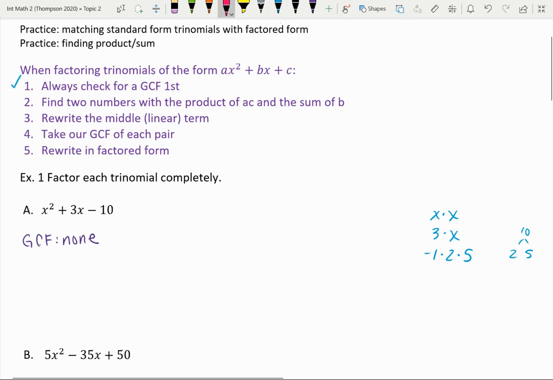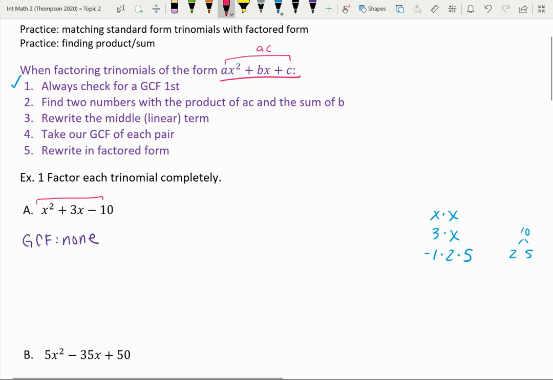The second step is to find two numbers with the product of AC and the sum of B. When I compare my standard form to my equation here, I want to multiply A times C. A is the coefficient of x squared, and C is the constant.